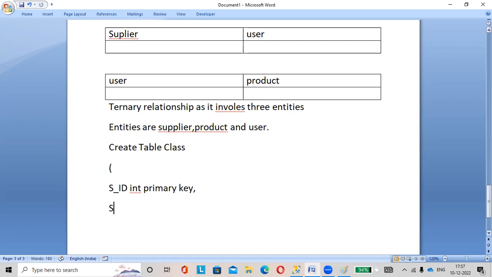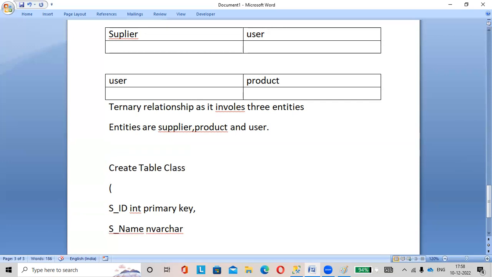Then student name nvarchar. DCL commands, grant and revoke.